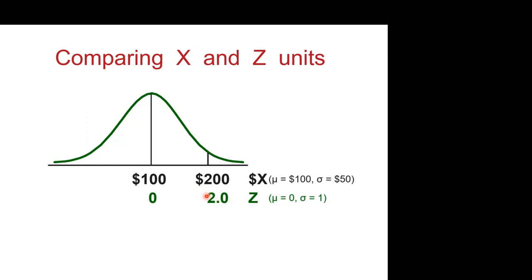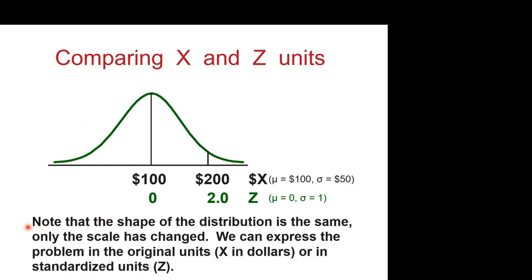So this 2.0 is actually the value of z for x equals 200. Note that the shape of the distribution is the same, only the scale has changed. We can express this in the original units, x in dollars, or in standard units, which is z.